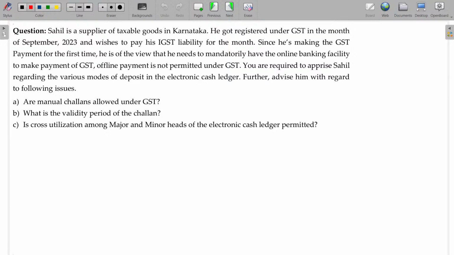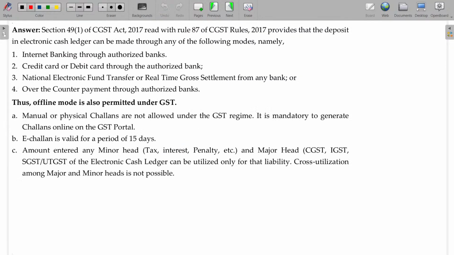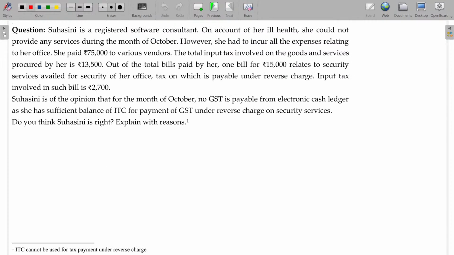Now, this is theory, you can read it yourself, related to tax payment and challan generation. And the last one: Sahasri is a registered software consultant. On account of her ill health, she could not provide any services during the month of October.